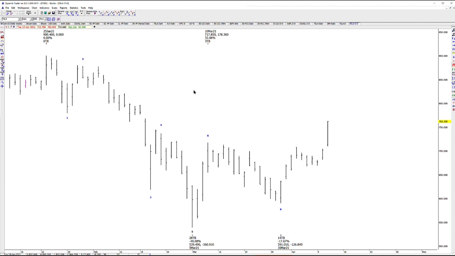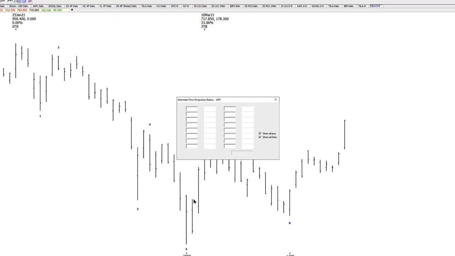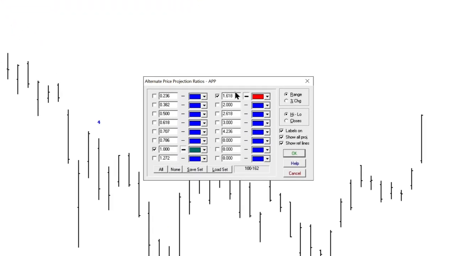Let's check out our alternate price projections here. So we've got the 100 and 162 checked off, and I've got range checked, high, low, of course, and then the various labels on it.